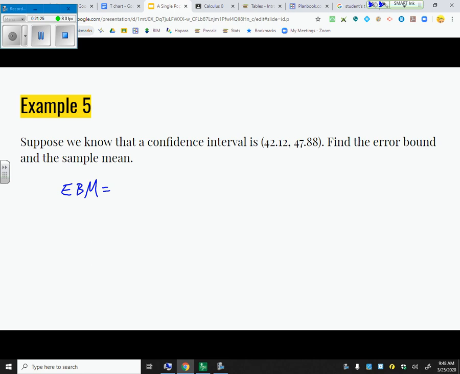So remember, we have this normal curve, or t-curve, whatever you want to call it, and I'm not sure what's right here in the middle, but I know that however far I went out this way and however far I went out this way is the same, and it landed me at 42.12 and 47.88.